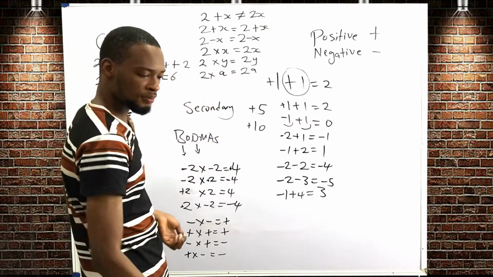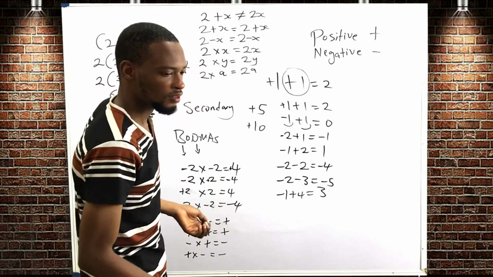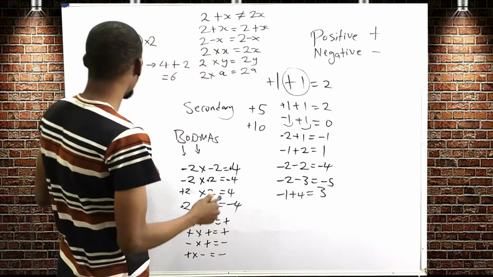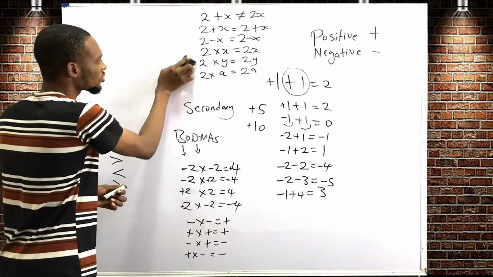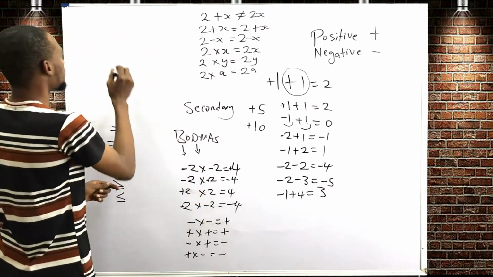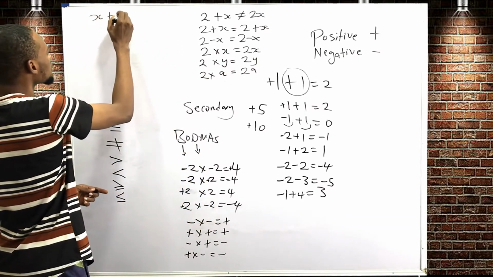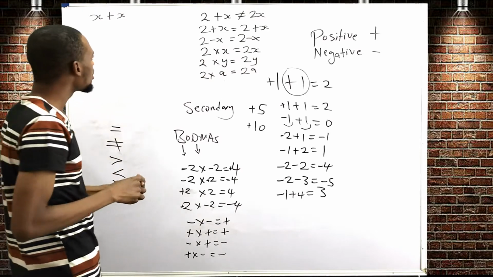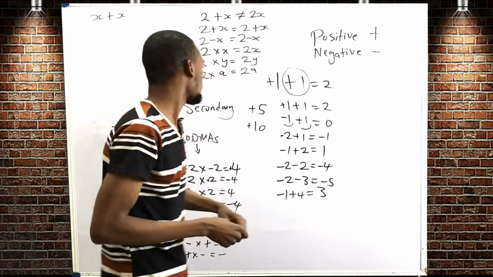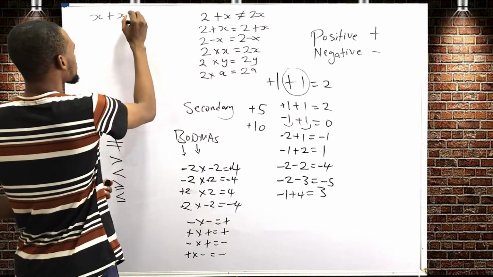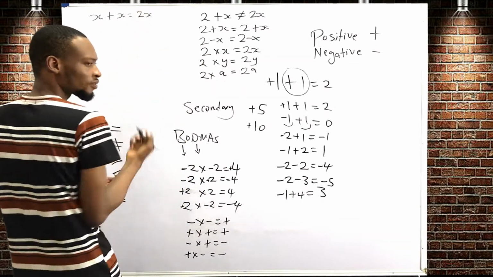Now, how about this? How about I say s plus s? They are the same, similar, so you can add them. S plus s is equals 2s.